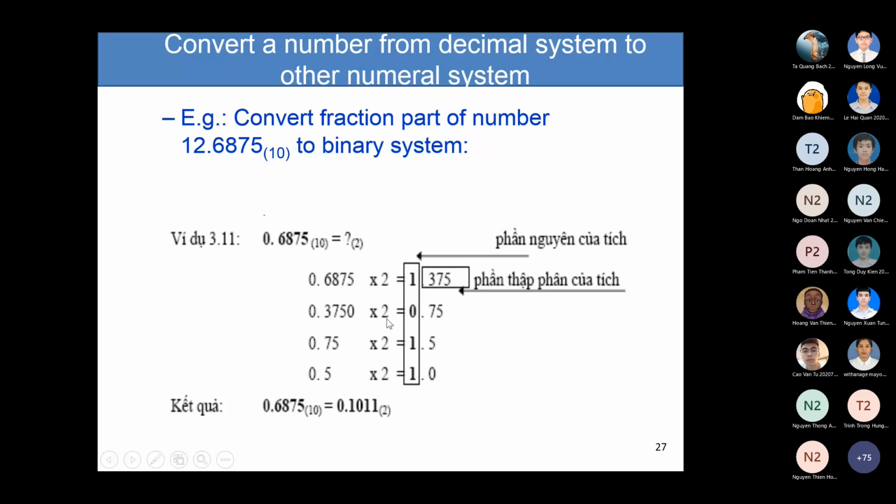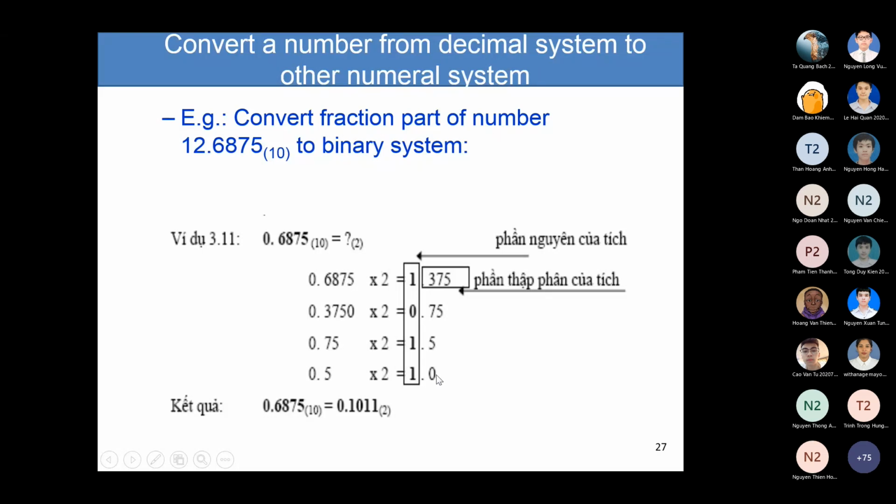We multiply 0.375 by 2 and obtain 0.75. We continue, multiplying 0.75 by 2, and obtain 1.5. And again, we multiply 1.5 by 2 and obtain 1.0.